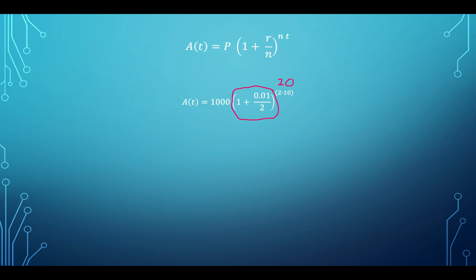I'll hit enter, get my answer there, and now put that little caret symbol, and then I'm going to put in 20. I'm going to hit enter now, and then from that answer, I'm going to multiply that by 1,000. So our final answer is $1,485.95. That is how much money we will have at the end of 10 years.